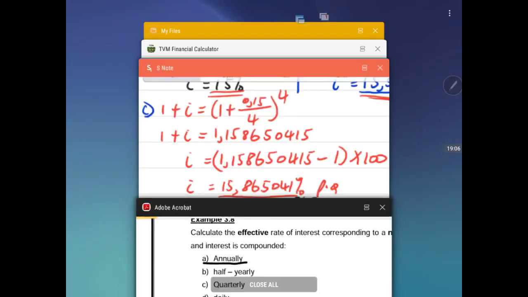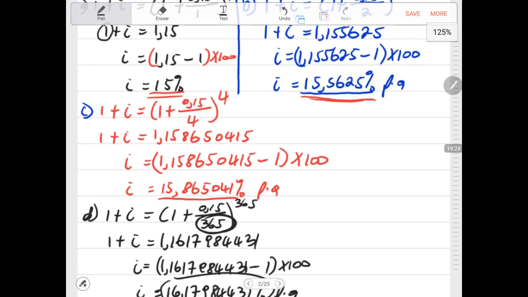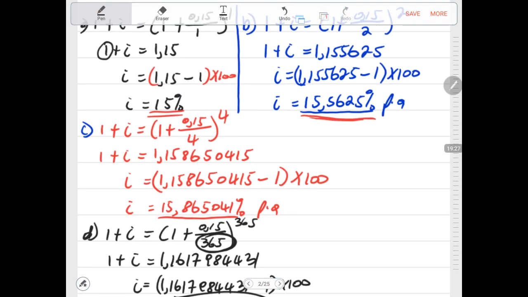And we have observed that in our calculations, that there are many days in a year, meaning the interest will be compounded 365 times, and the interest rate is 16 point something, meaning it's more than 15%, which is the nominal rate. And we could see when the interest was compounded quarterly, that we got 15.86, and 15.86 is still higher than the nominal and the advertised rate, but it is less than when it's compounded every day.